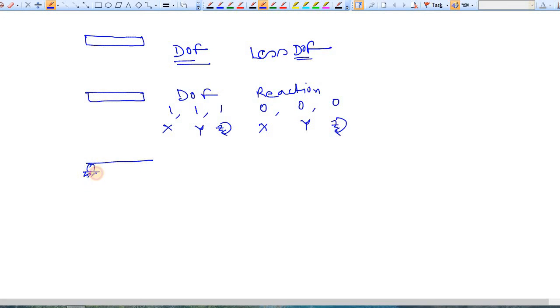It will have degree of freedom along x, yes, along y, no, rotation is allowed, yes. So reaction along x is 0, along y yes, and about rotation there is no reaction.